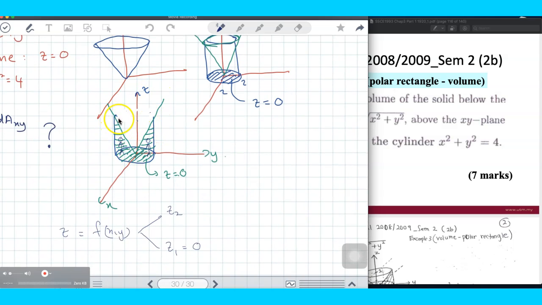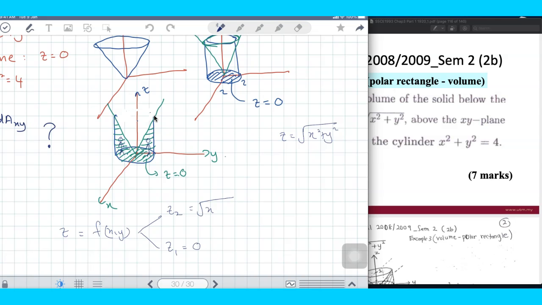Your roof or your cover here is part of the cone, right? The cone. So what is the equation of the cone? The equation of the cone is given by z equals the square root of x squared plus y squared.